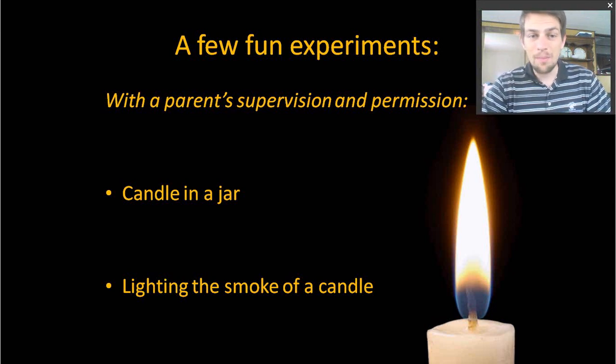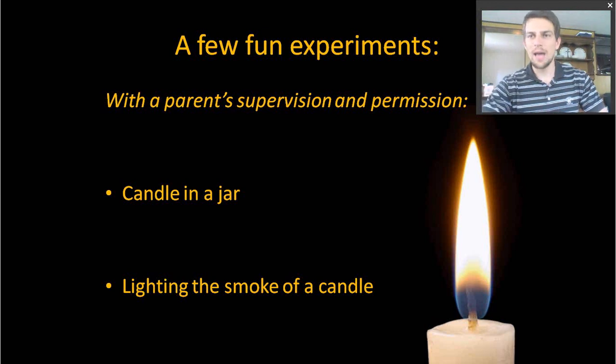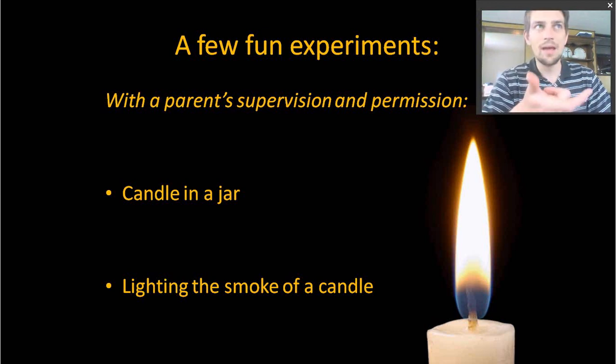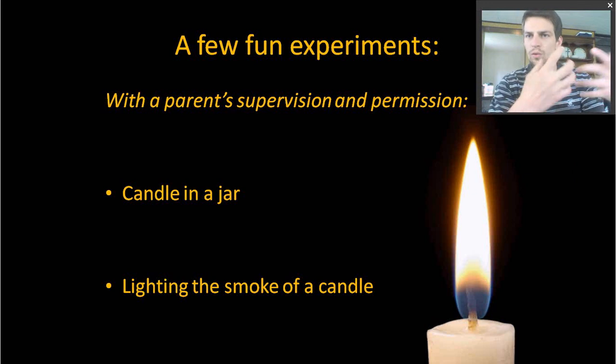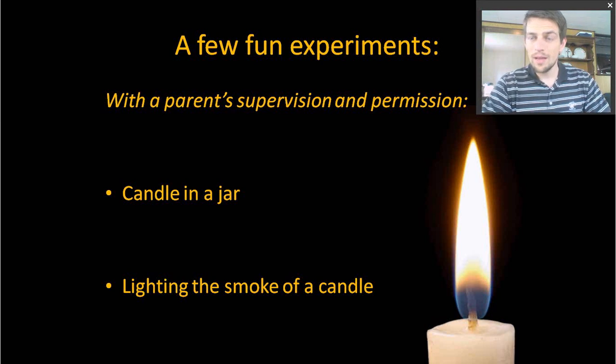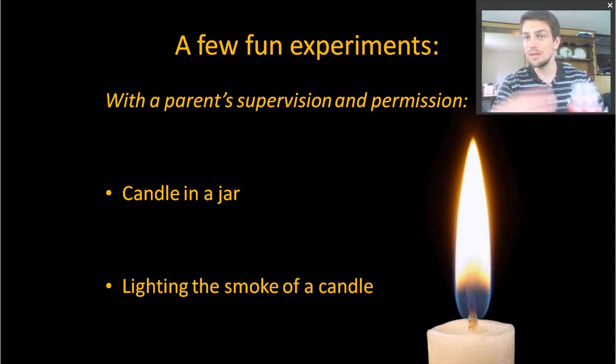And the reason that happens is the wick is still hot, and there's still lots of really hot wax right down in there. And what happens is, remember how we said that fire is those molecules in the wood or the fuel actually breaking loose and going into the air and reacting with the oxygen in the air? What ends up happening when you light the smoke trail is in that smoke trail there's lots of those molecules, and in this case it would be of wax, floating around in the air.